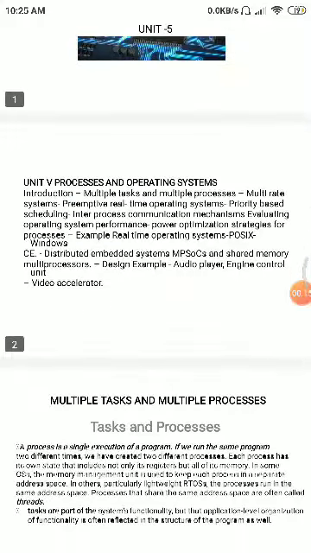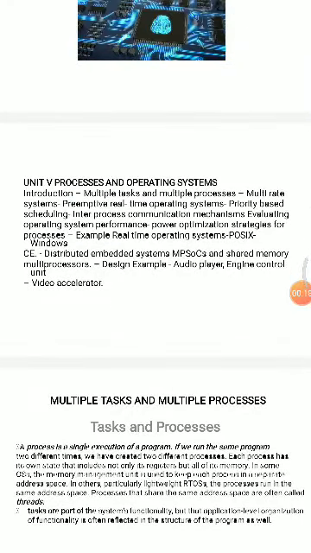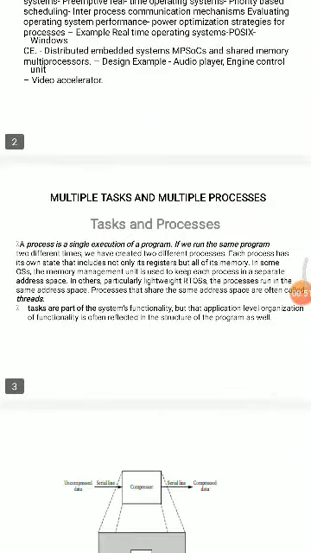In this unit we are going to see about multiple tasks and multiple processes, multi-rate systems, preemptive real-time operating systems, priority-based scheduling, inter-process communication mechanism evaluation, operating system procedures, power optimization strategies for processes, example real-time systems, POSIX and Windows CE, distributed embedded systems, multiprocessor, system on chip configuration and shared memory multiprocessors, design examples, audio players, engine control unit, video accelerators. In the first class, we are going to see about the multiple tasks and multiple processes.